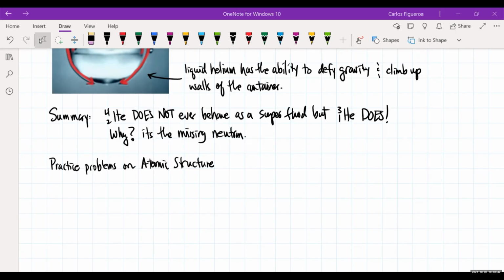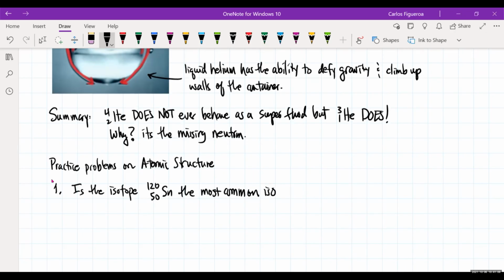So what you're going to find here is that it goes like this. The first question that we're going to ask is: is the isotope tin-120 the most common isotope?